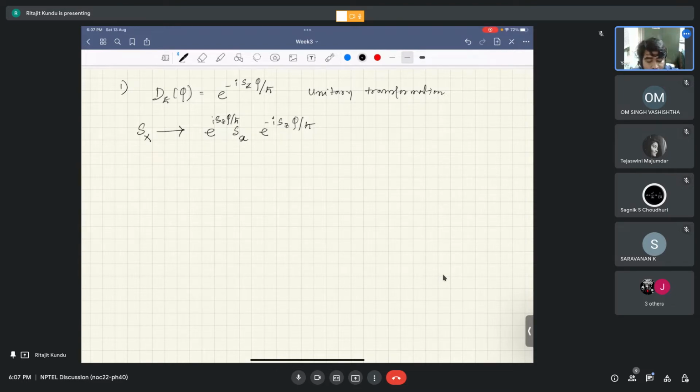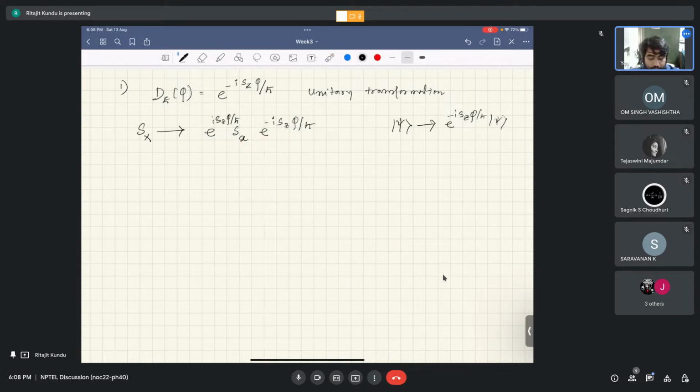Unlike states: if there is a state and you want to rotate it, you just apply the operator from the left-hand side. But for operators, you have to sandwich them from both sides. Now we have to calculate this operator. This is what has been asked in the question. So can we simplify this a little further? The answer is that we actually can.